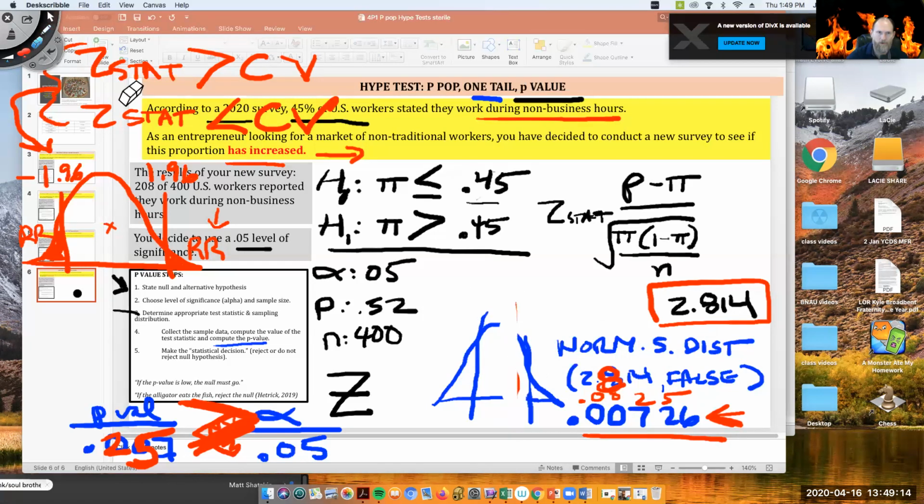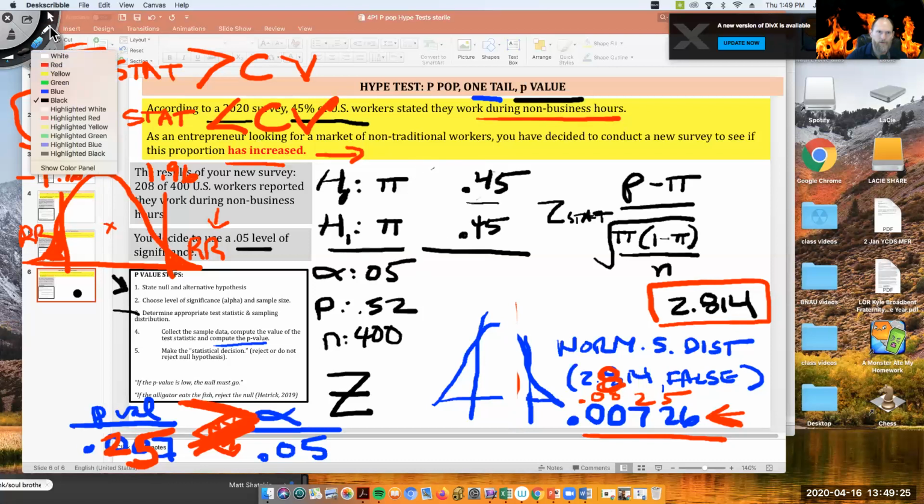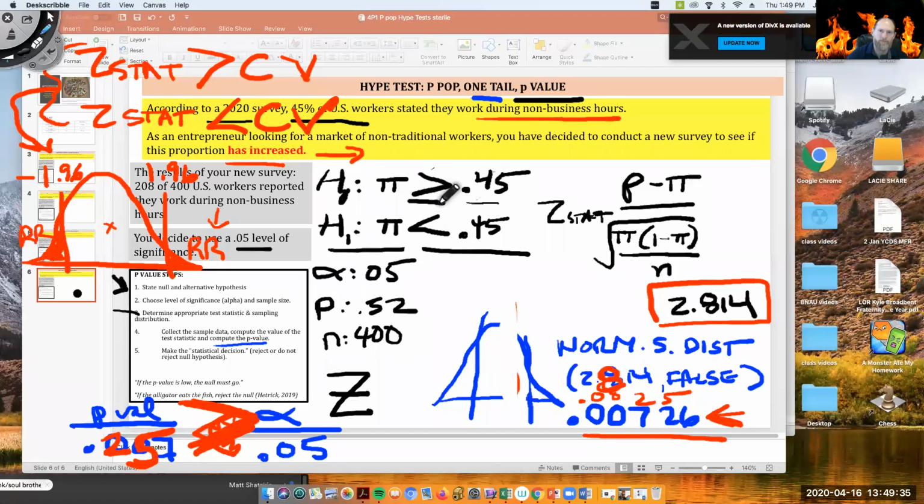So if we reversed this, and if folks want to drop off, go ahead. I don't want to hold anybody up. But if we reverse this and said this and this, right, Tim? It's kind of what you're saying.